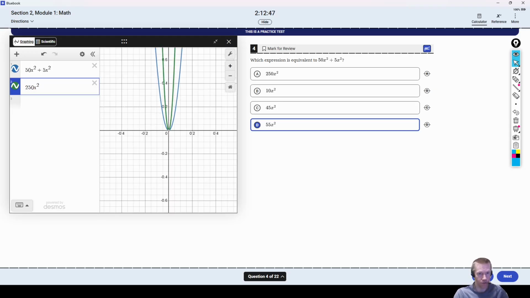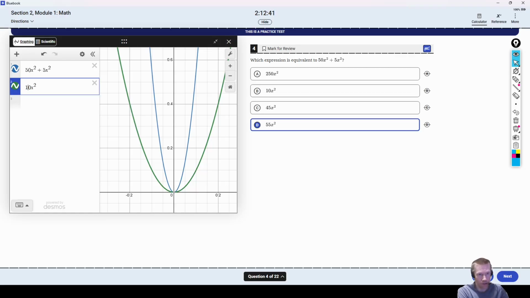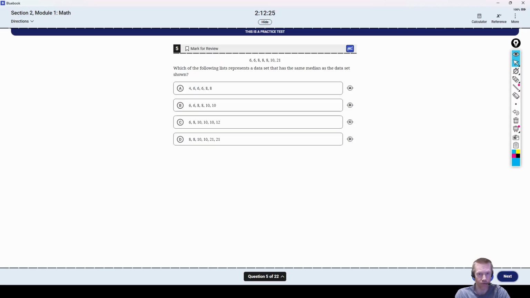Now I'm going to zoom in because the numbers are so large. So notice, this does not overlap it completely, so that's not the answer. This does not overlap it, not the answer. Does not overlap it. Whoops, there we go. It's not the answer. However, if we do this, notice they are directly on top of each other. I turn one off, turn one on, and it's the same graph. Okay, so that just confirms the correct answer here is letter D.